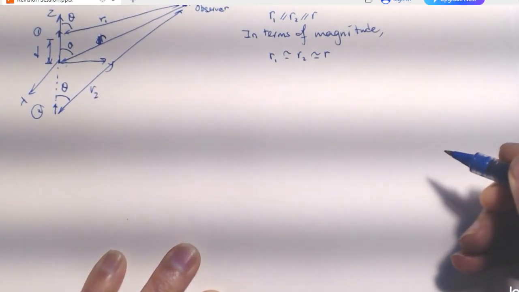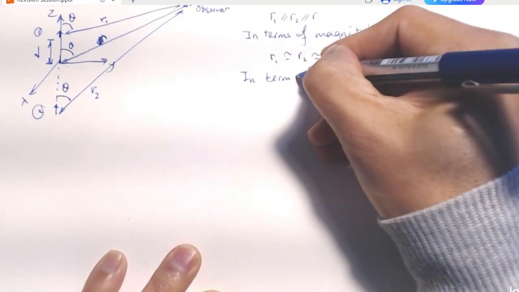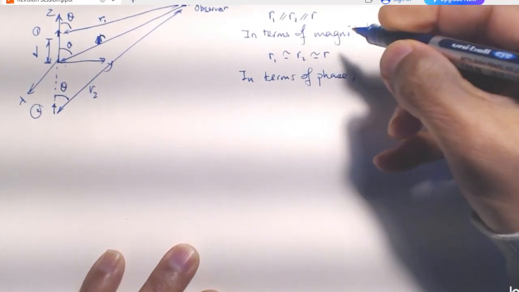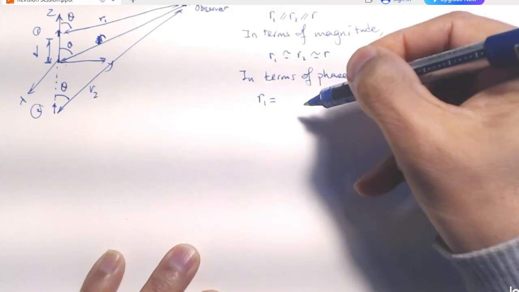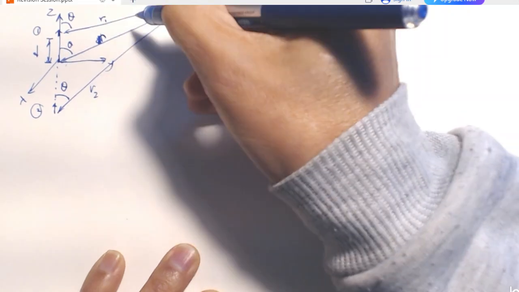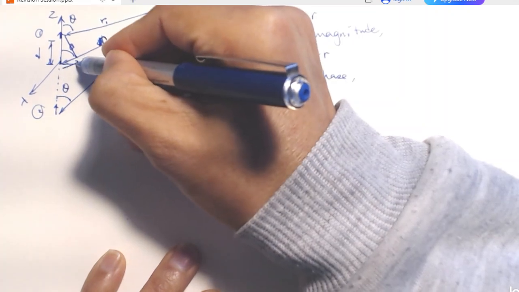In terms of phase, R and R1 are not exactly the same. As you can see here, there is a difference. How much is the difference?